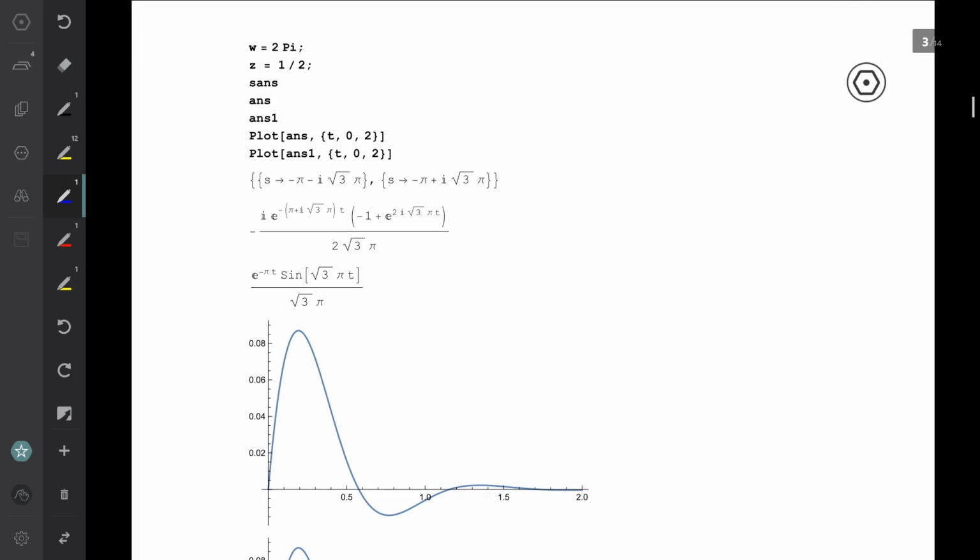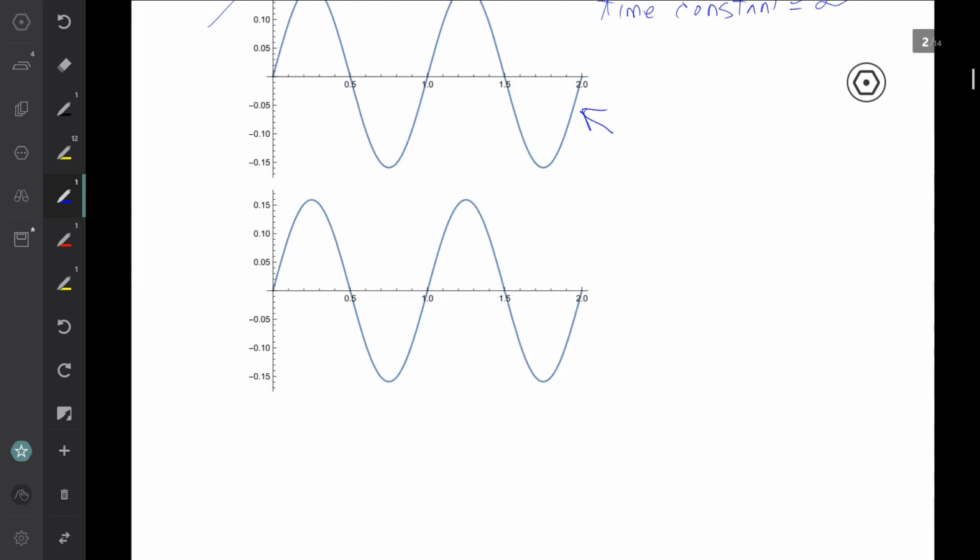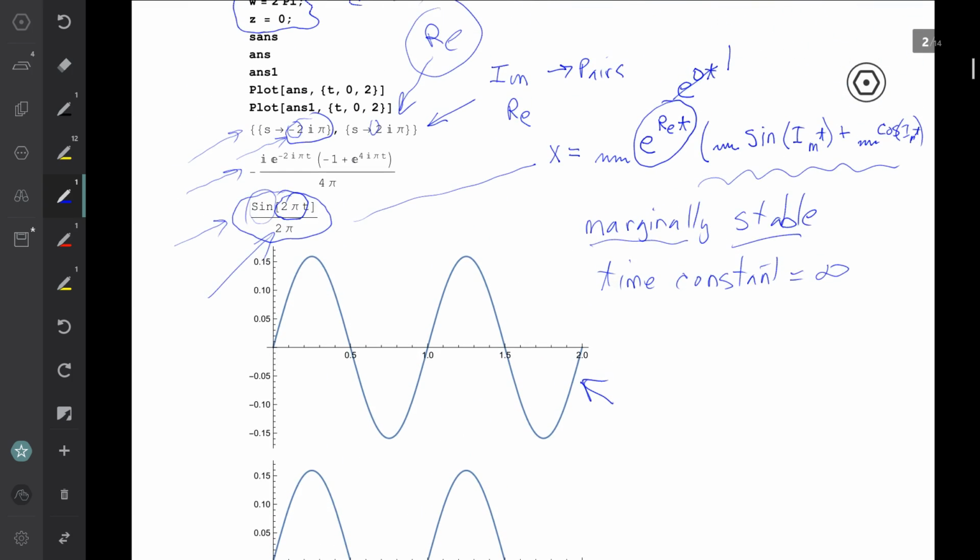Okay, so the next one I'm going to do, same omega. By the way, let me point this out. If you look at the frequency of this sine wave, when does the sine repeat? It begins right here at 0. Doesn't always, but because of the initial conditions, I'm just trying to keep it as simple as possible.